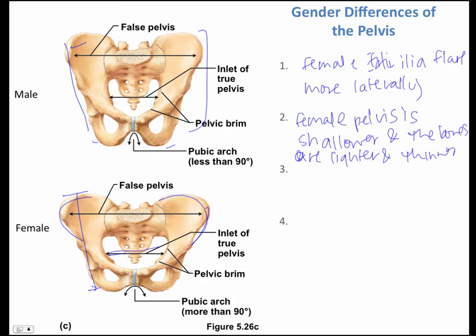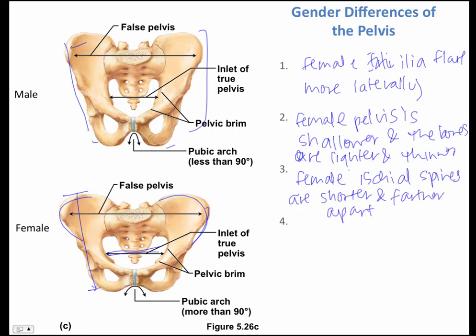Okay, so here we have the ischial spines are shorter and farther apart. Therefore, the outlet is larger.